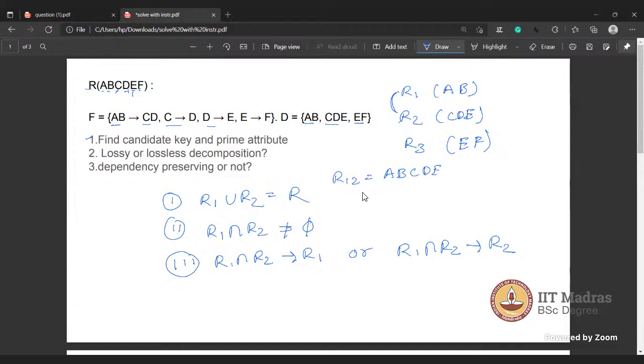So we get A, B, C, D, E, F. So the first condition is satisfied.